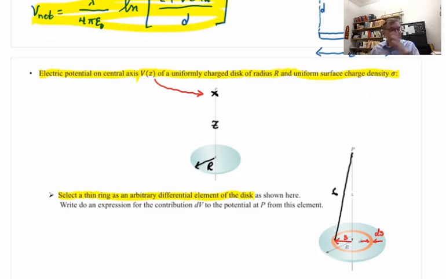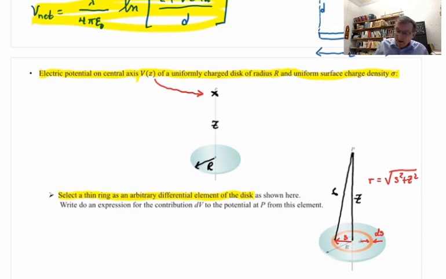That's the distance from any point on the highlighted ring to point P where we are. Note that this distance from the center of the disk and the ring out to point P, they call z. Note from geometry that little r is the square root of s squared plus z squared. Just look at the right triangle there. That's important to see that.